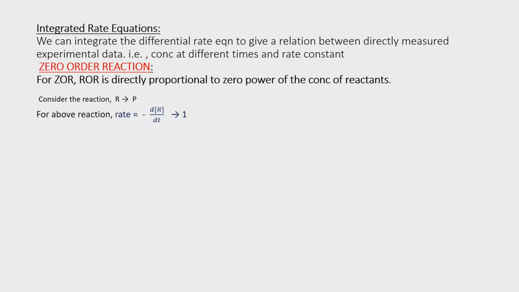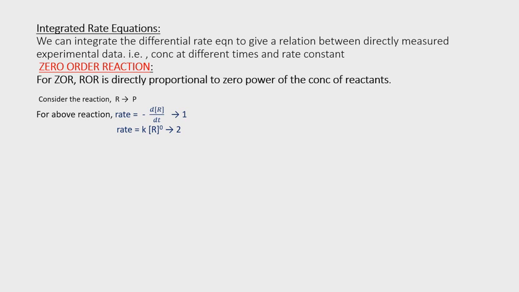For the above reaction, rate equal to minus dR by dt. It is represented with equation number 1. All of you know how to write average rate expression. Rate equal to K into R power 0. Equation 2 represents rate equation. Equation 1 represents how to write average rate expression.